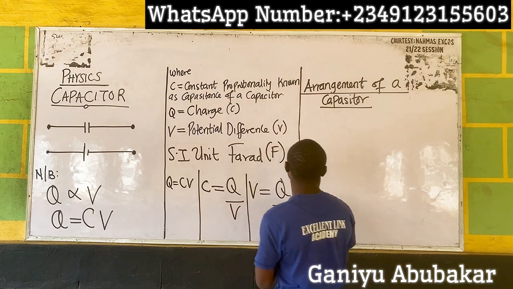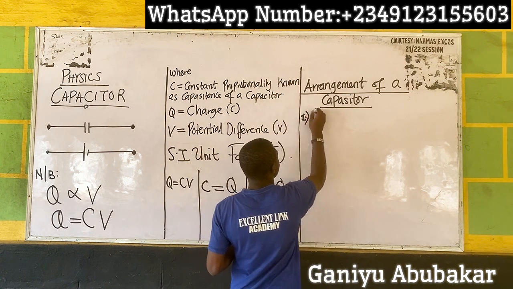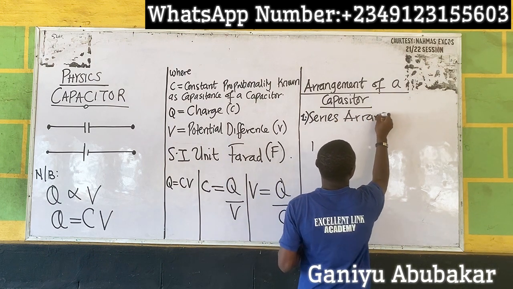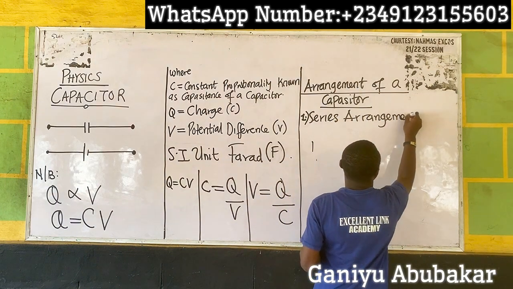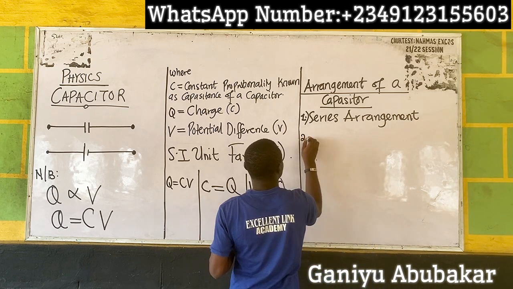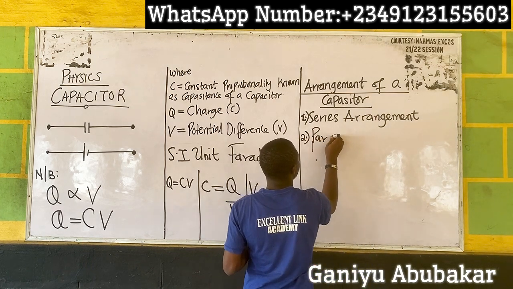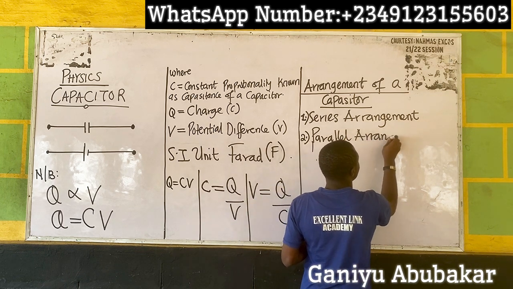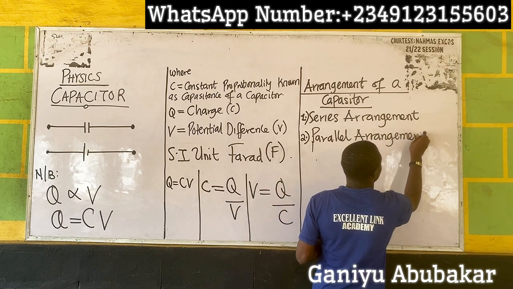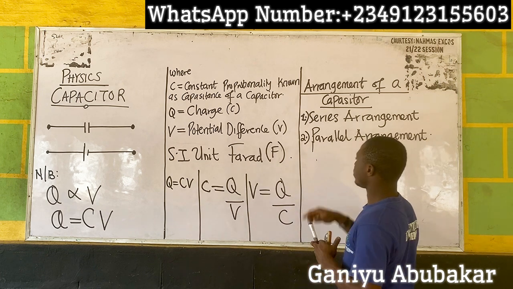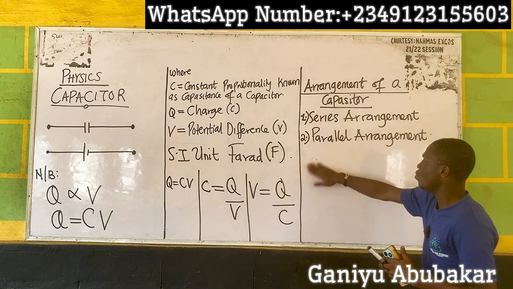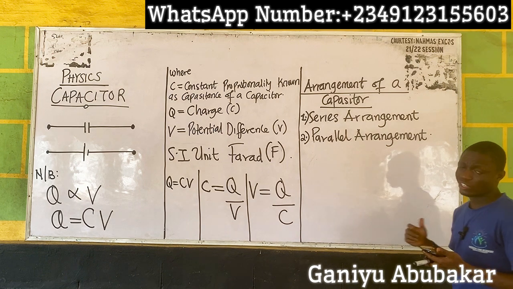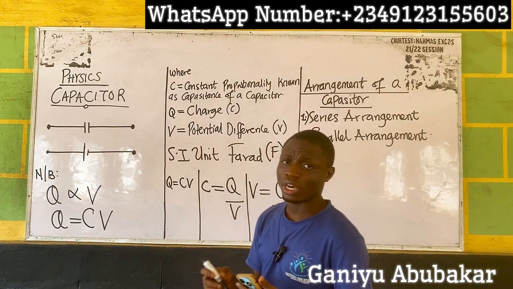Number one is the series arrangement. Number two is the parallel arrangement. These are the two types of arrangement that we have. We'll look at this concept one after the other and then we'll proceed.